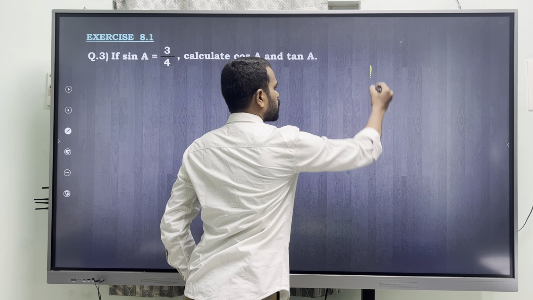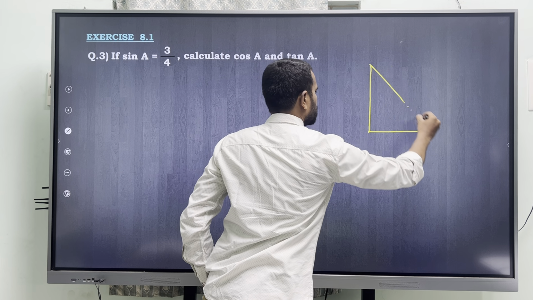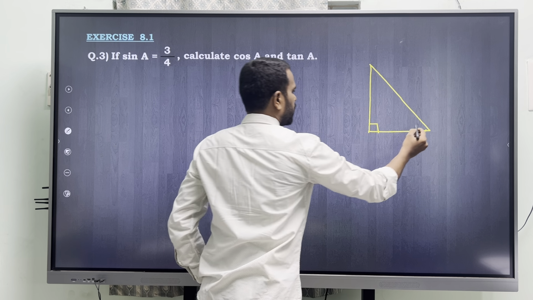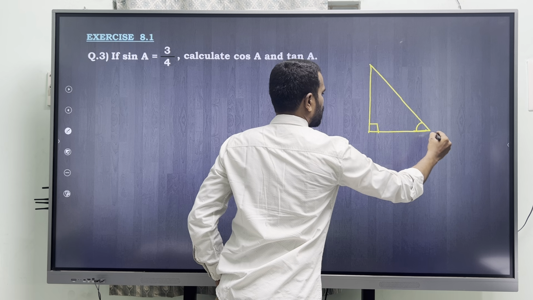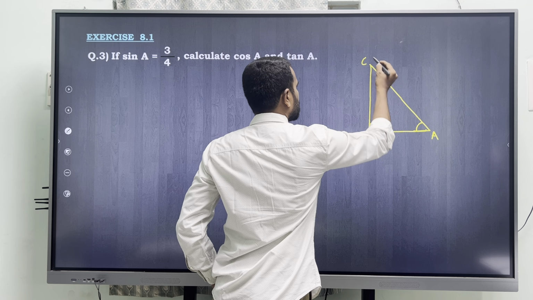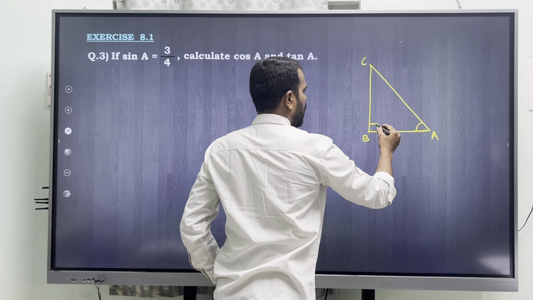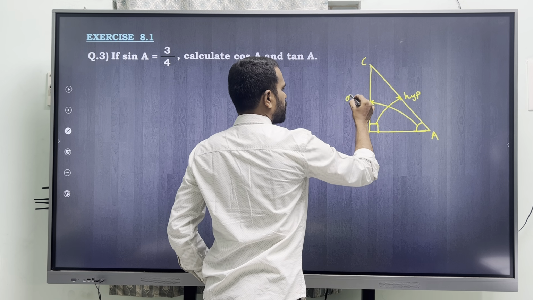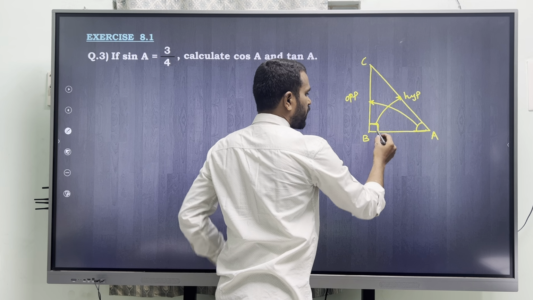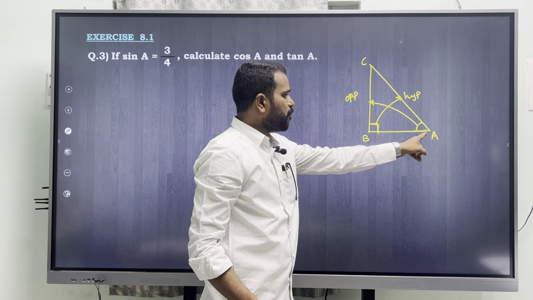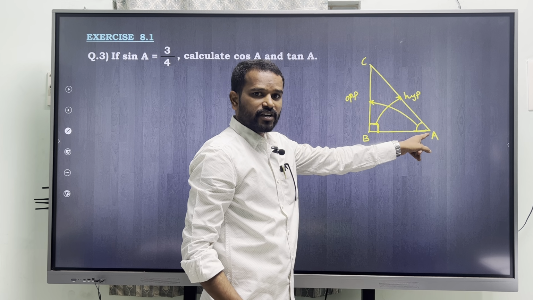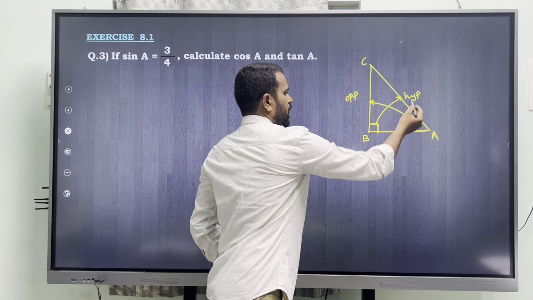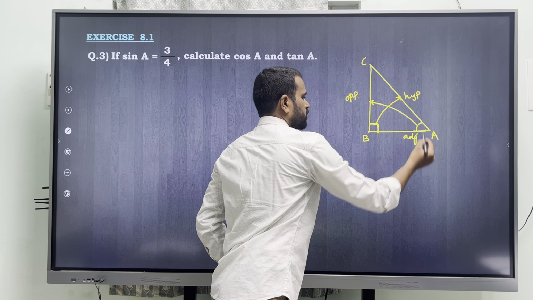Let us draw a right angle triangle, right angled here, A, B, C. Opposite to the right angle is the hypotenuse, and opposite to the angle we are defining the ratio for is the opposite side. The leftover is the adjacent side.